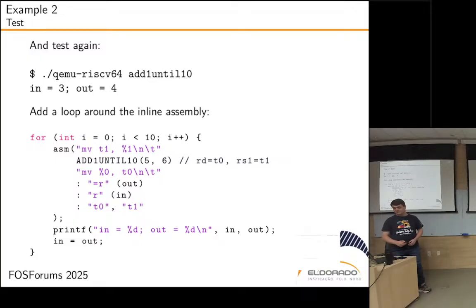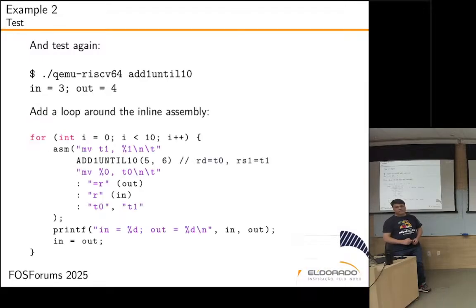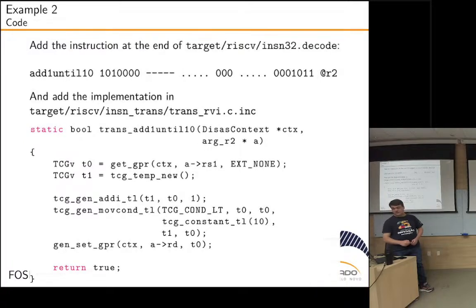Okay. Is that the output? You can see the last line. Go back to it. I see. Can you go back to the translation definition? This one?